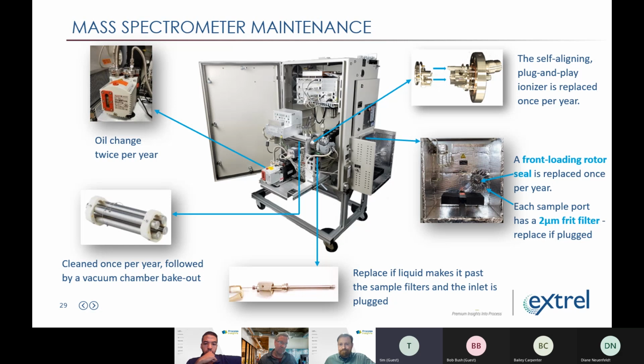So we do have users that like to buy and maintain a couple spare inlets lying around just in case they take a slug of water and want to pop one in. But in the US, we overnight parts all the time if somebody needs something. And the sulfur inert things and the Hastelloy C things are no different for us in terms of spares replacement than a stainless steel inlet would be. Okay.